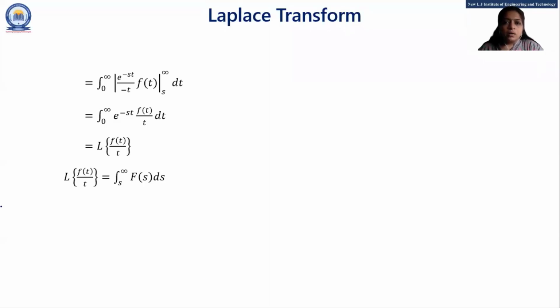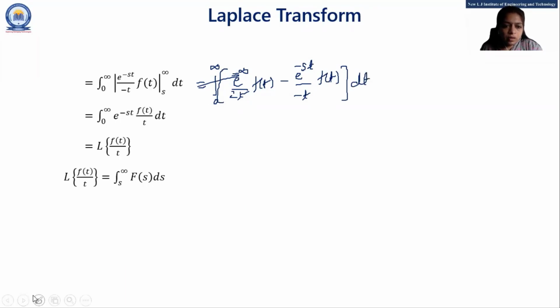Now, if I put these limits here, first keep 0 to infinity the same. For the upper limit, e raised to minus infinity upon minus t into f of t, minus, replacing s by s, keep the same, e raised to minus st upon minus t into f of t.